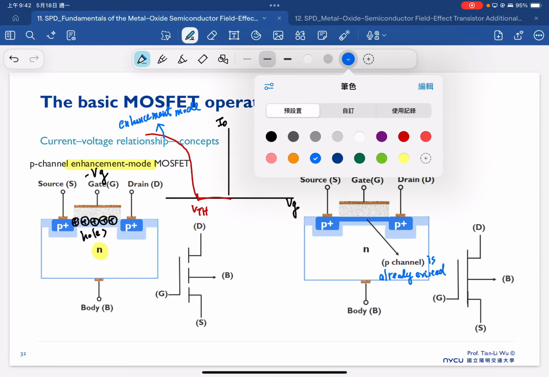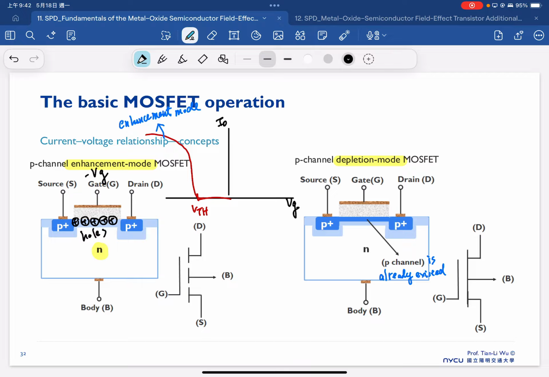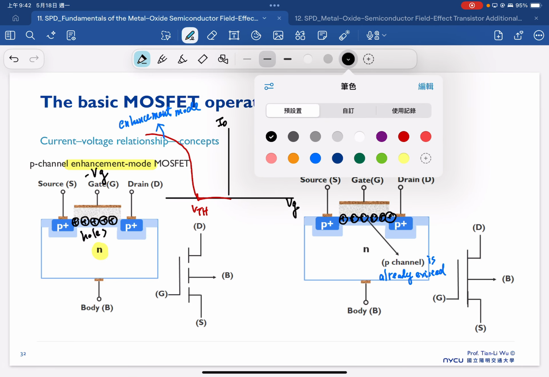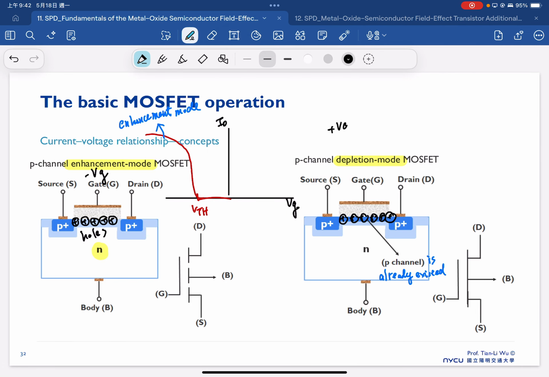So we have the holes already layered in the p-channel. Therefore, what we need to consider is that we need to apply the positive bias. Positive bias is needed to turn off the channel.